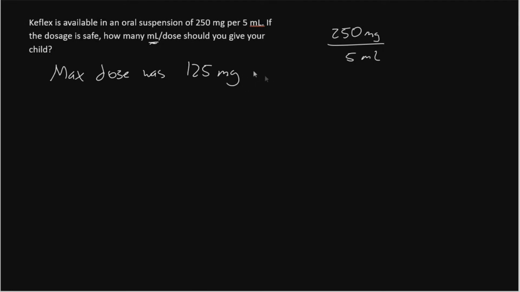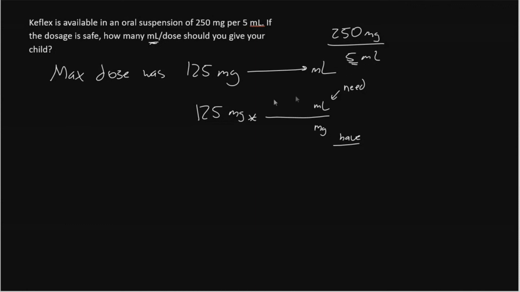But now we need to go from mg to ml. So now we'll take the 125 that we began with and then multiply times a fraction, placing mg on the bottom because it is what we already have, and place the ml on top because that is what they asked us to get. Then we place the numbers in the correct positions.